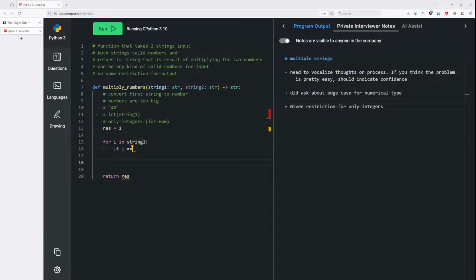I'm going to make a result. I guess my concern is the signs of the integers, so dealing with that first.